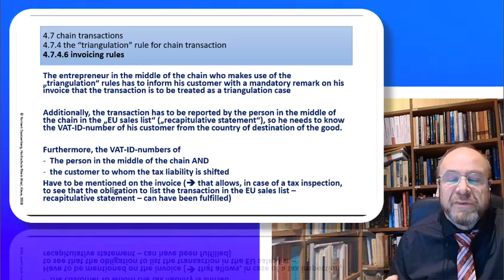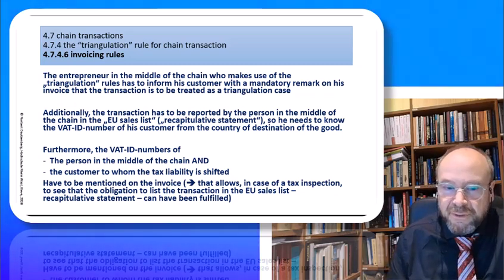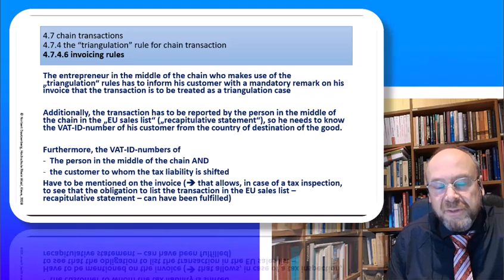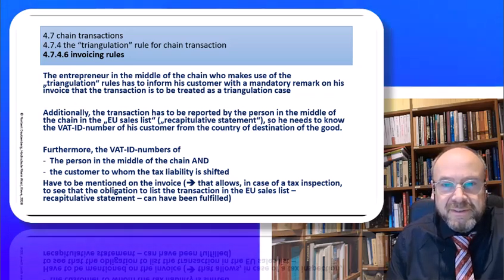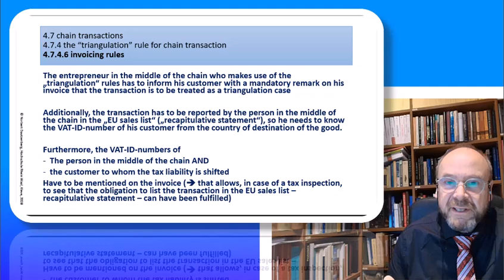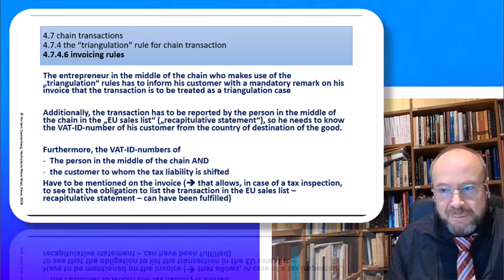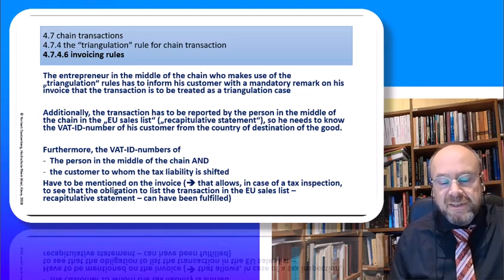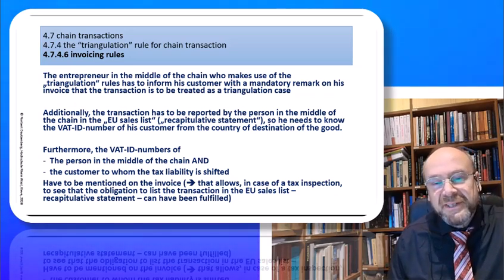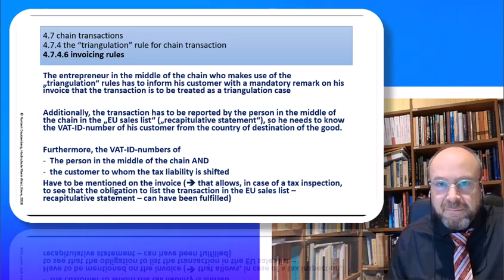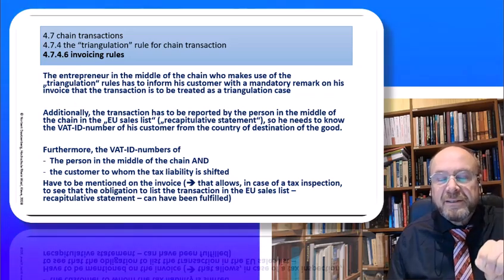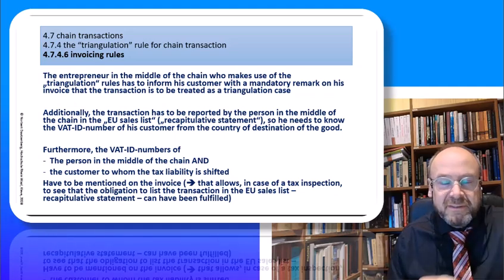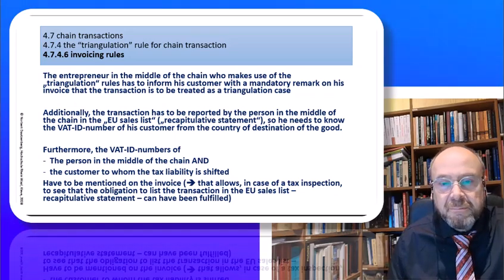And furthermore, the VAT identification numbers of the persons involved have to be noted on the invoice so that any tax inspector can immediately find out that the whole thing can at least have been handled properly, because otherwise, if the numbers were missing, then you would already have to suspect, okay, if they don't know the VAT number of the customer, then evidently the matter can't have been dealt with correctly because the declaration duty can't have been fulfillable.